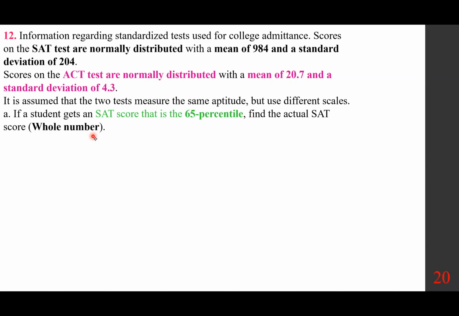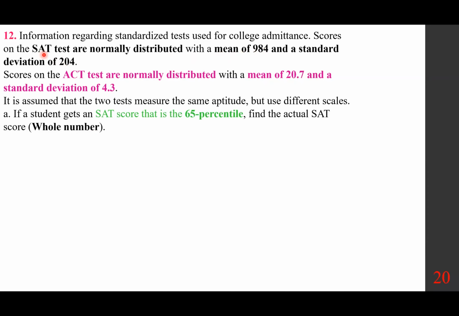Okay, so first and foremost, what is given when we read this question? So we go back up here and we notice that the mean is 984, standard deviation is 204 for SAT.